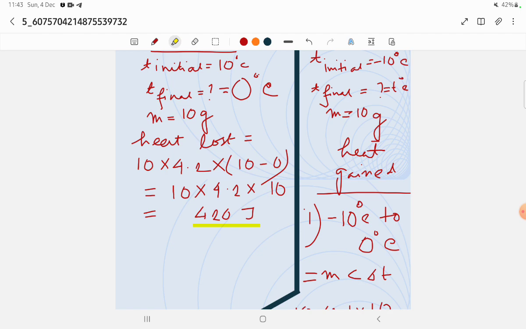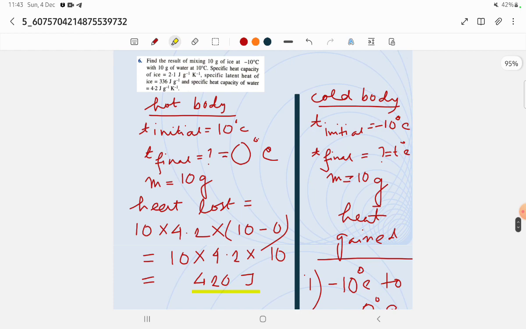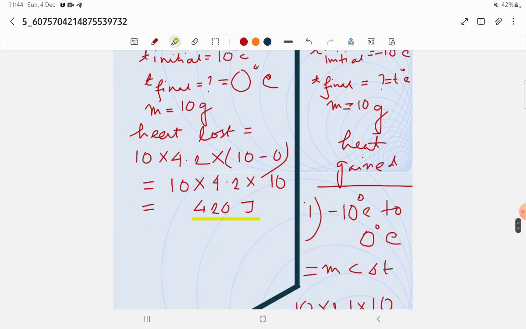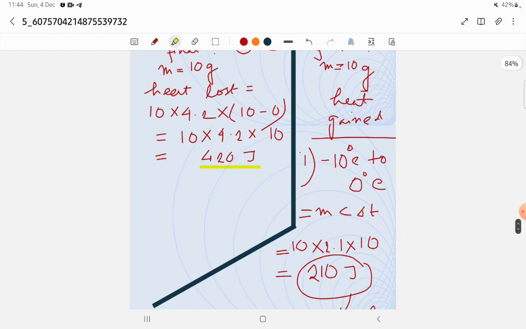Now the amount of heat energy gained by the cold body. The ice is at minus 10, so at minus 10 degree centigrade it will not be able to melt. First minus 10 degree centigrade should be raised to 0 degree centigrade. So the amount of heat energy gained will be 210.